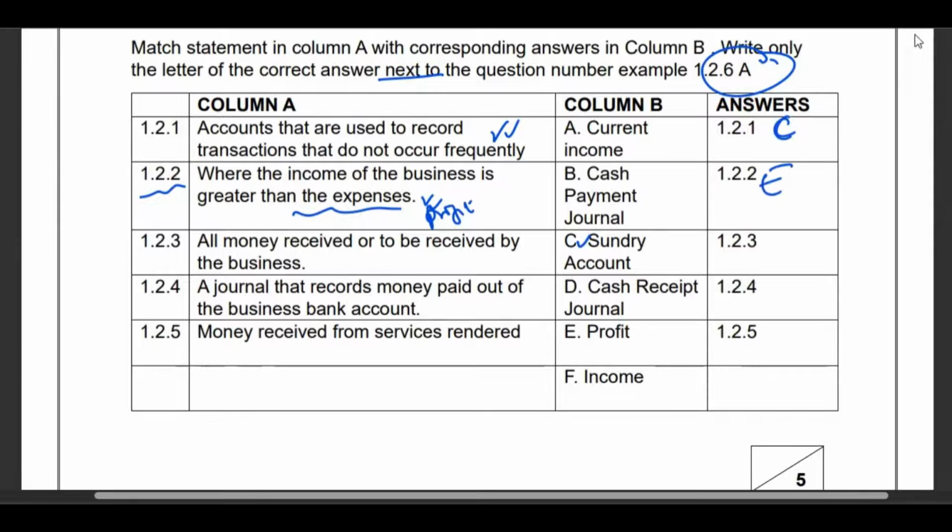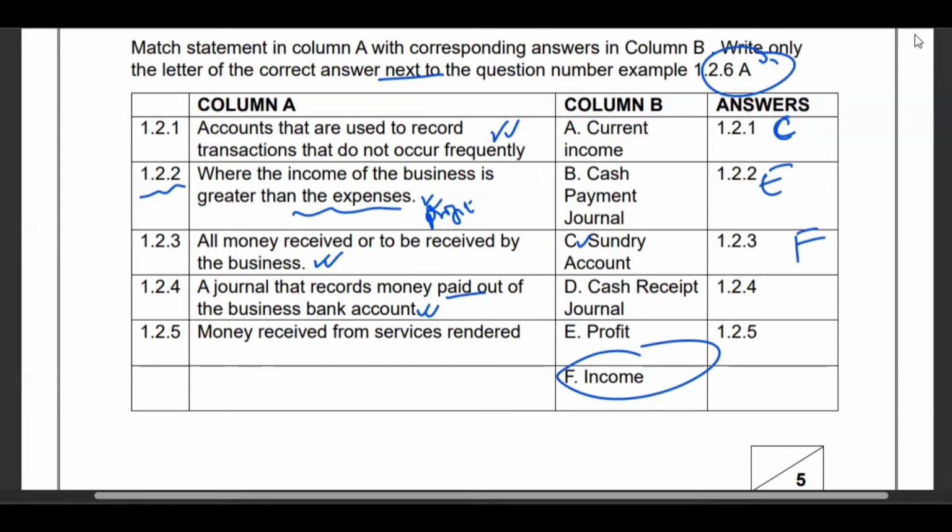And then all money received or to be received by a business, what do we call that? That is basically an income. So an income will be money that is received by a business or is going to be received. And then 1.2.4, a journal that records money that is paid out of a business bank account.